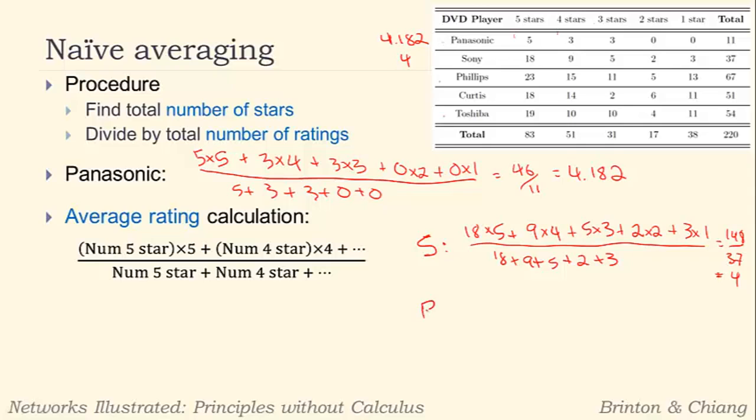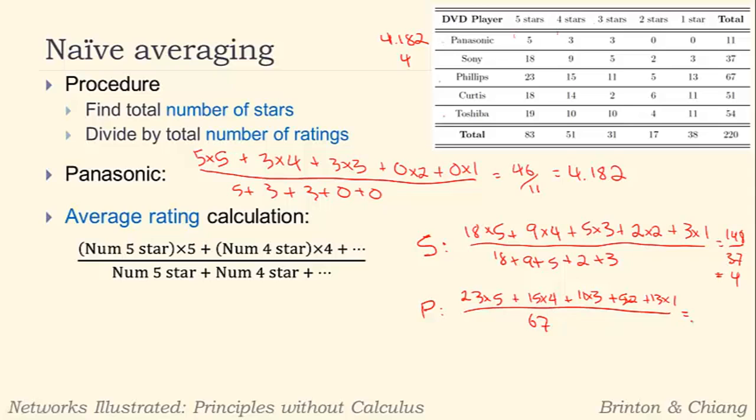We can write out the Philips. I'll just do that one, and then we'll call it a day on the computation side. It's 23 times 5 plus 15 times 4 plus 11 times 3 plus 5 times 2 plus 13 times 1 over the total. Again, we add up the total, which is 67.